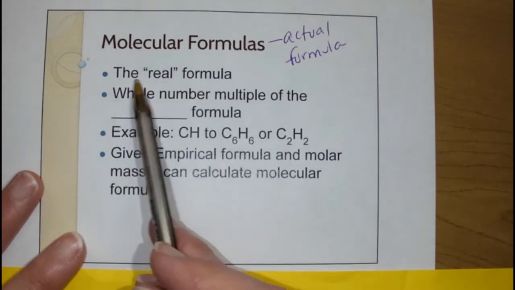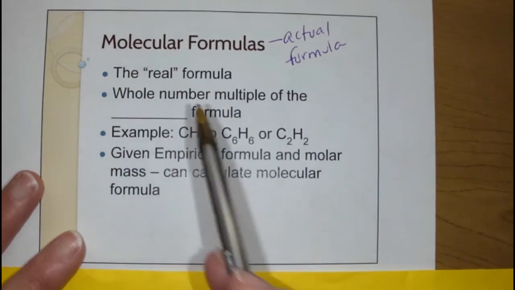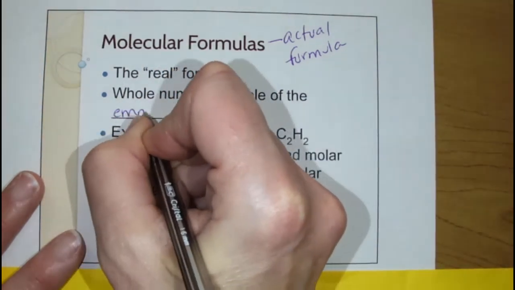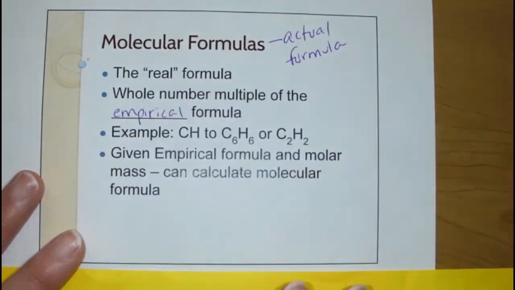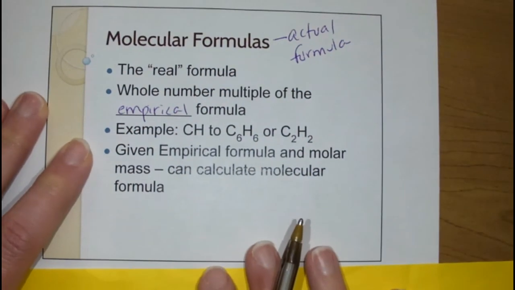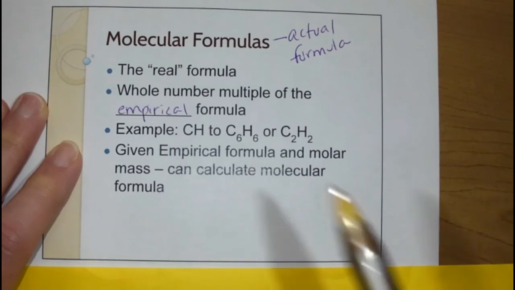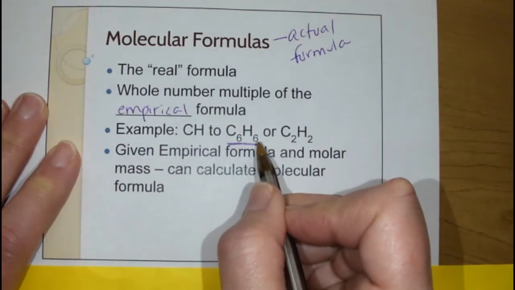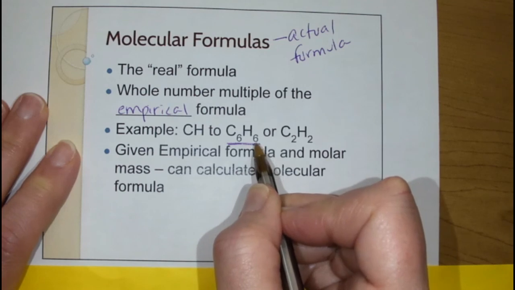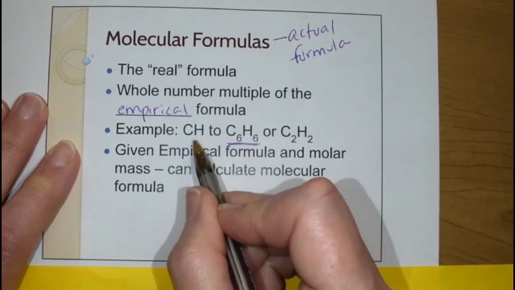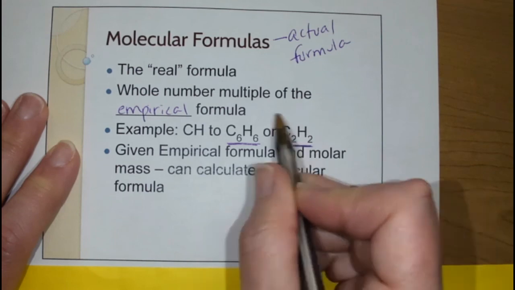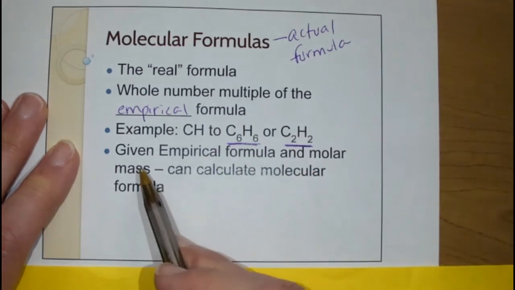Molecular formulas are the real formula, the whole number multiple of the empirical formula, and sometimes that whole number multiple is 1. So for example, this right here, benzene, C6H6, that's the actual molecular formula of benzene. Its empirical formula is this. This is actually a molecular formula of a compound. Its empirical formula is this.